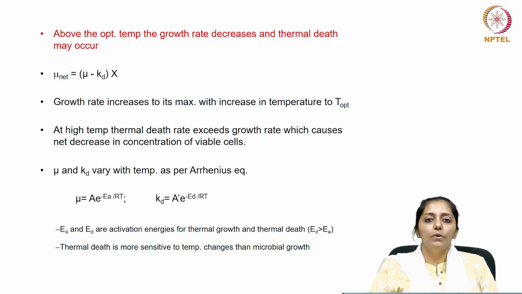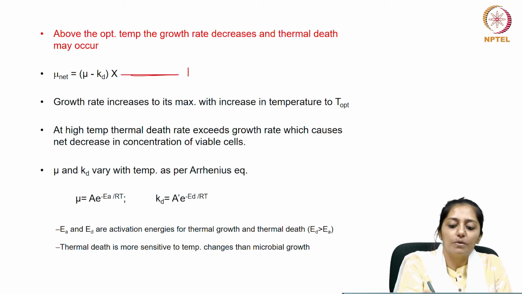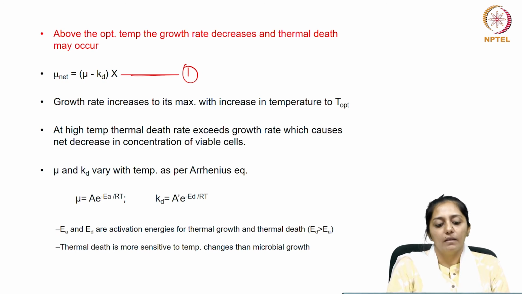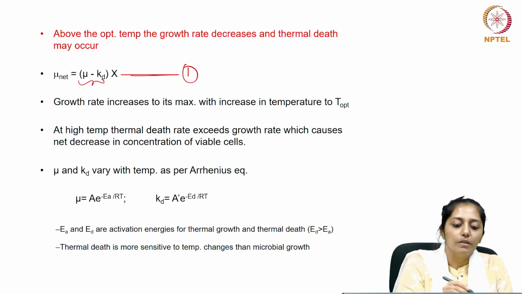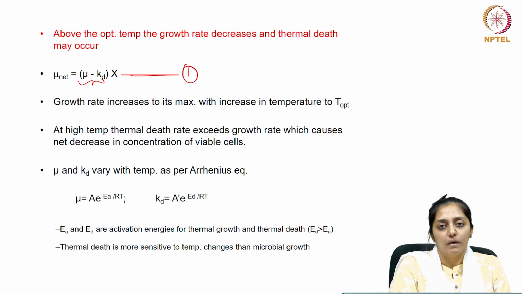So then, to take into account the thermal death rate when the temperature is high, the apparent growth rate will have to be a combination of the actual growth rate with the simultaneous death rate. So here, if you observe equation 1, it is taking into account the growth rate and the reduction due to the death rate.